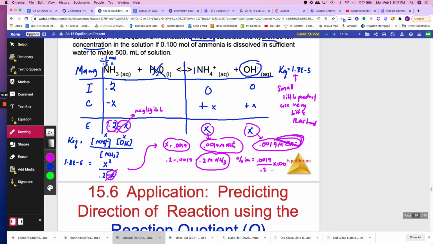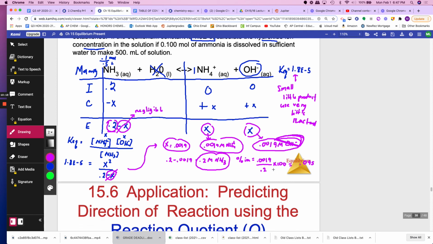Okay, and let me calculate that. 0.0019 divided by 0.2 times 100 is 0.095 of a percent.